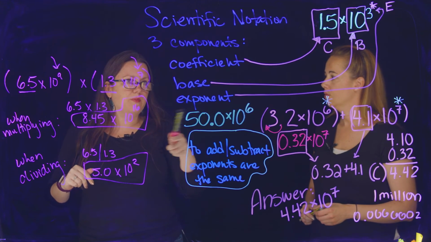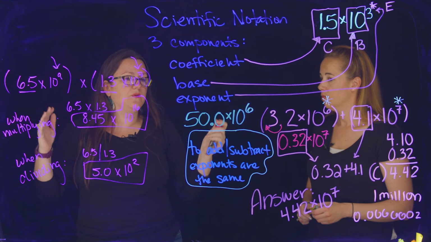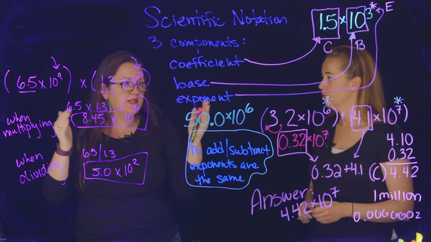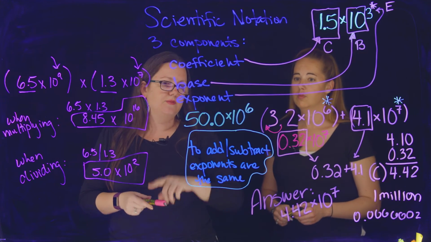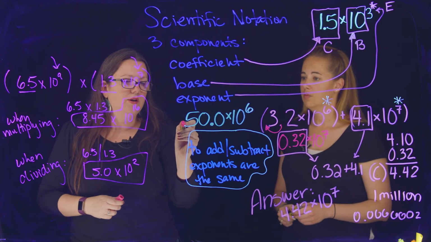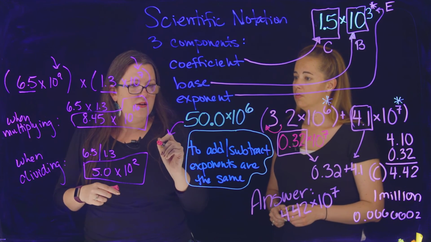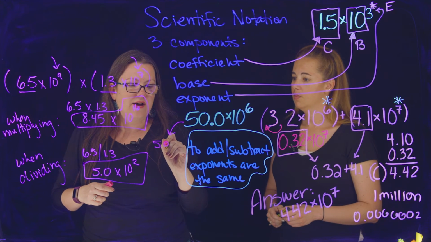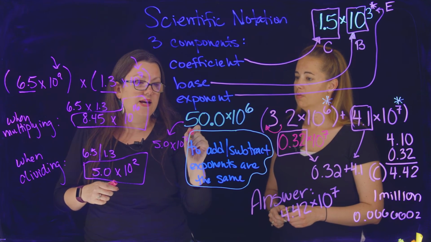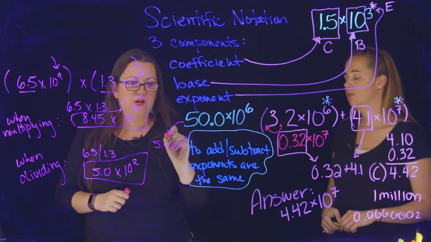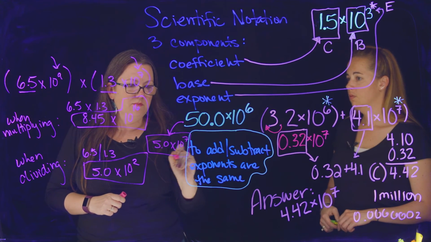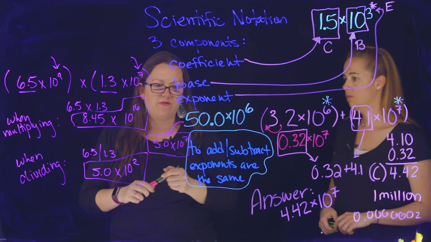It's important to remember the overall goal of scientific notation was to have the most concise, focused representation. So 50.0 times 10 to the 6th could be represented as 5.0 times 10 to the 7th, moving the decimal and adjusting the exponent to get the most concise version of that final answer.